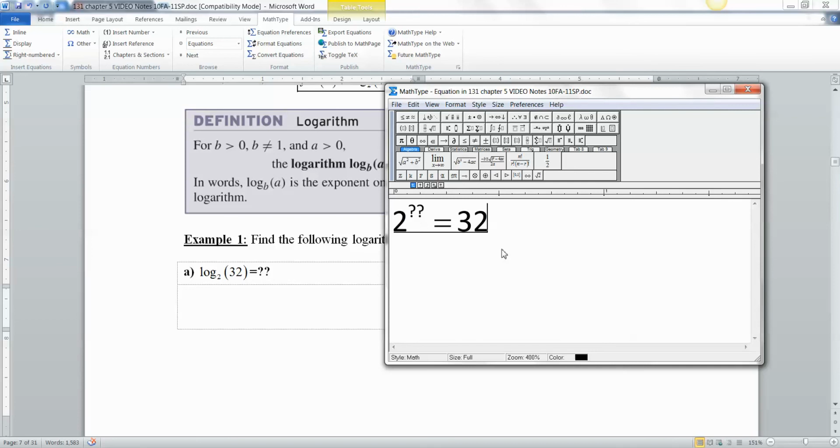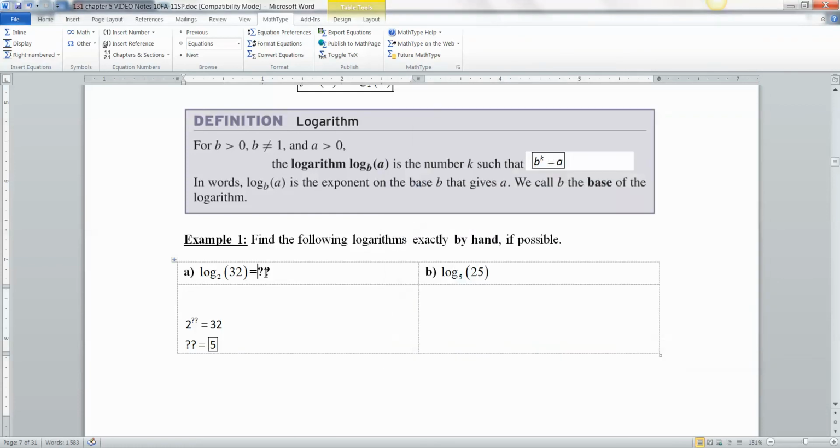And if you think about it for a while, you realize that it's got to be 5. 2 to the 5th power is 32. So 5 is our answer right here. So the log base 2 of 32 is equal to 5.